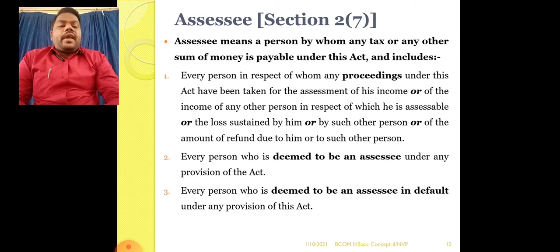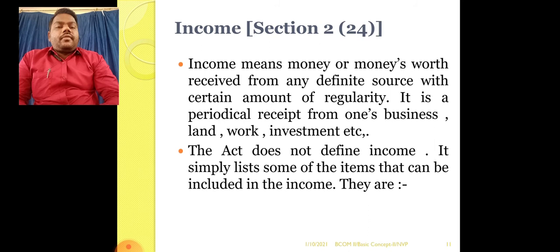Number two, every person who is deemed to be an assessee under any provision of the Act. There are some provisions in the Act under which a person can be deemed to be an assessee. Every person who is deemed to be an assessee in default under any provision of this Act. So, these are the types of assessees.